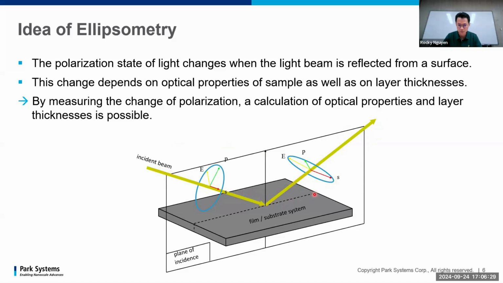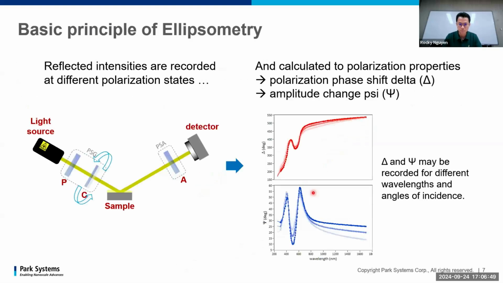By monitoring the polarization change, we can apply optical modeling so that we can obtain information on optical properties such as refractive index, extinction coefficient, or dielectric coefficient, and also the layer thickness of the samples.